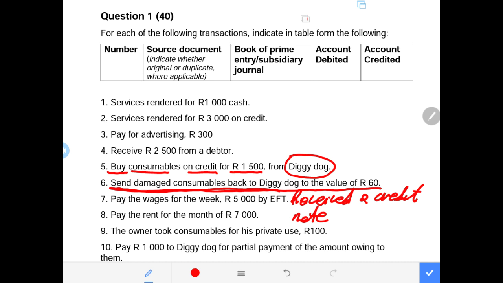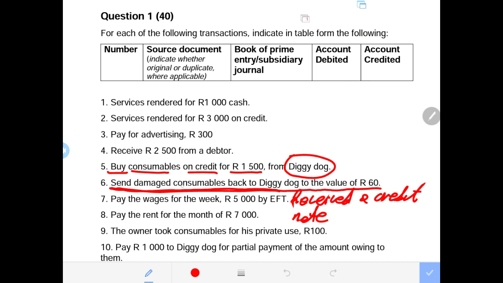If the terminology says received a credit note, then you must know that it is the return of goods back to the supplier. Please be familiar with the terminology that I'm also adding in this question.